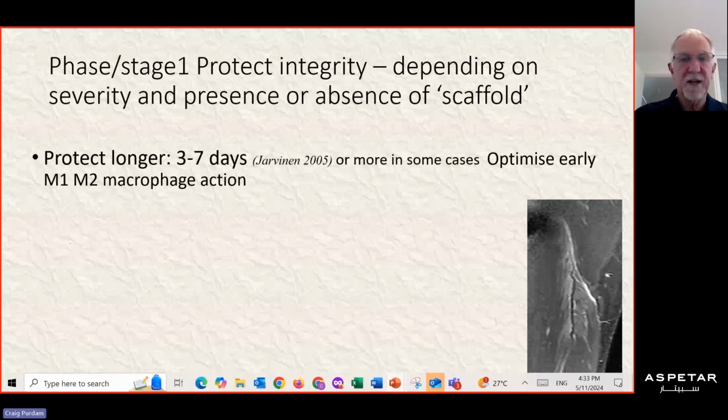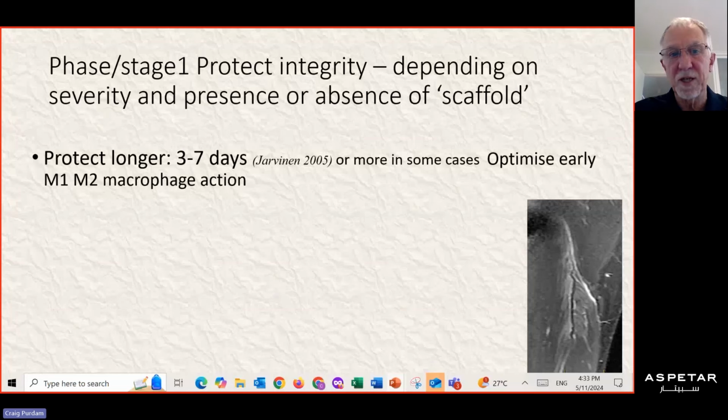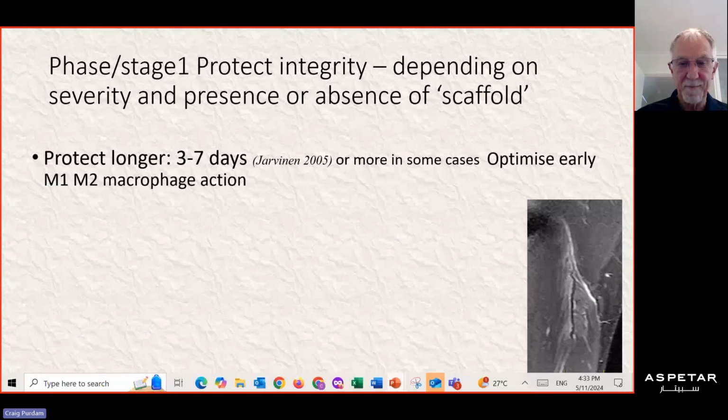How might this affect our rehabilitation? The question at large. It's pretty much about longer protection in the early phases. And here, of course, there is an importance on relying on the present active cytokines and M1 and M2 macrophages.